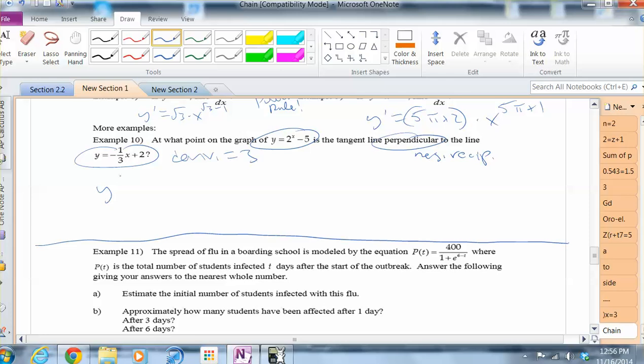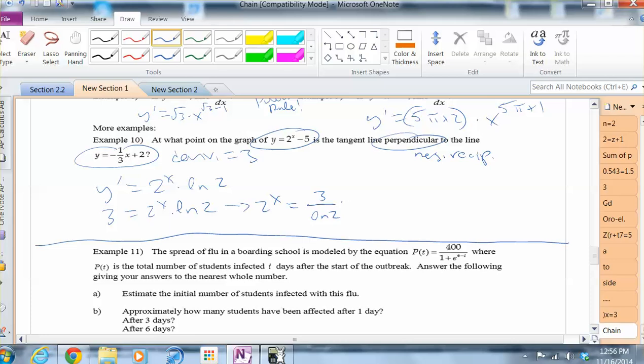So y prime will be 2 to the x times ln 2, and the negative 5 just goes away. We want that to equal 3. So 2 to the x equals 3 over ln 2.